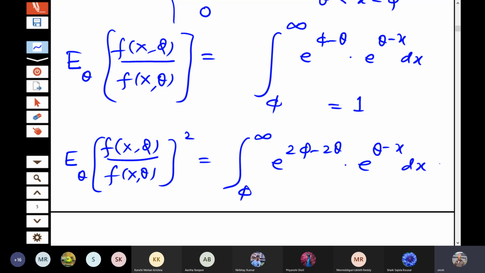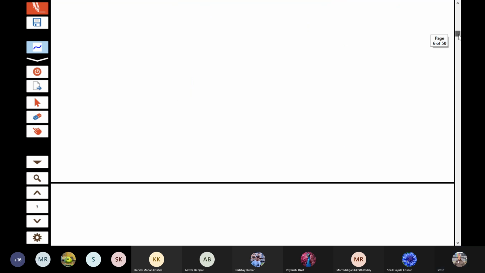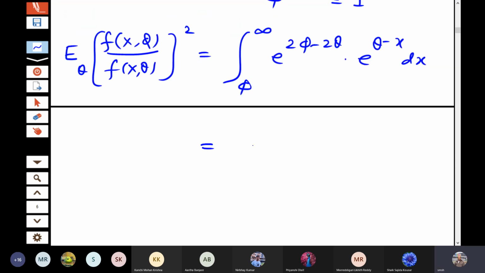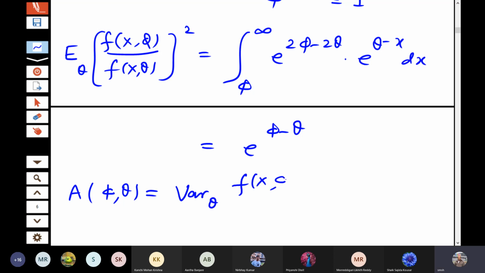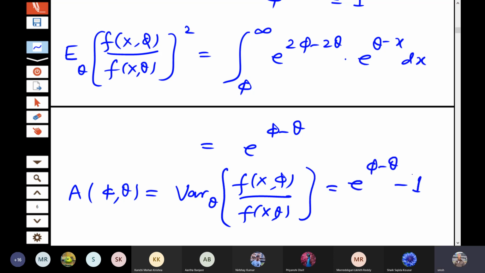So if you integrate this, it is e to the power phi minus theta. So the term which is coming in the denominator of the CRK bound, a phi theta, that is the variance of fx phi by fx theta, is equal to e to the power phi minus theta minus 1.